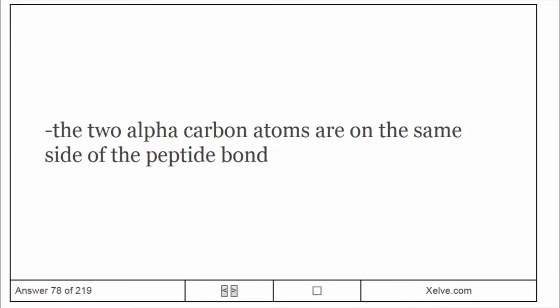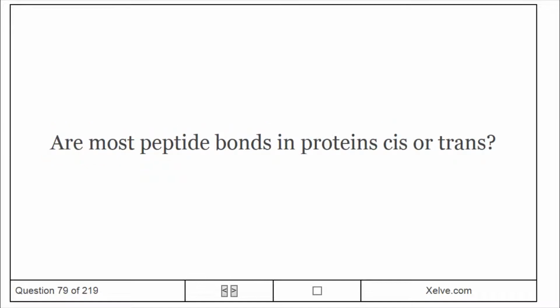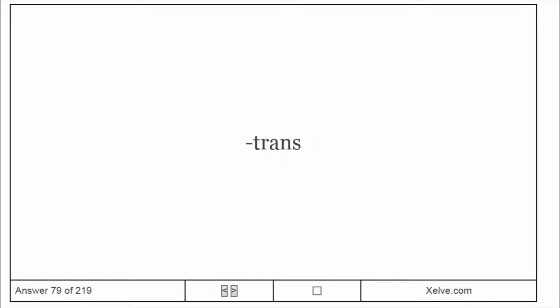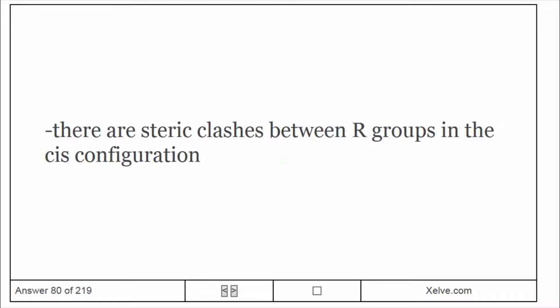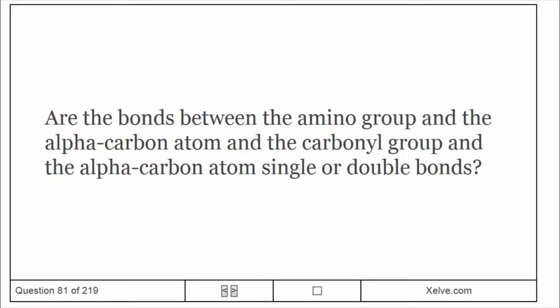The two alpha carbon atoms are on the same side of the peptide bond. Are most peptide bonds in proteins cis or trans? Trans. Why? There are steric clashes between R groups in the cis configuration.